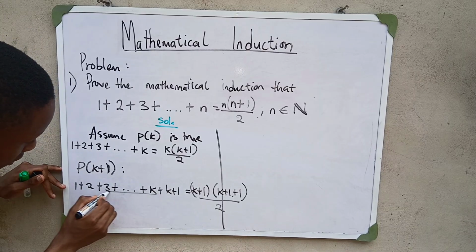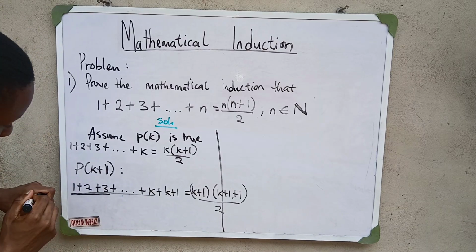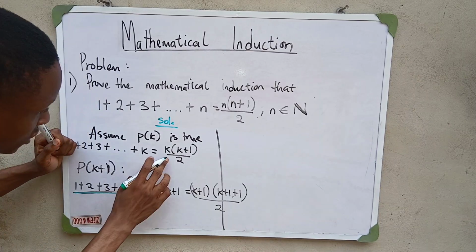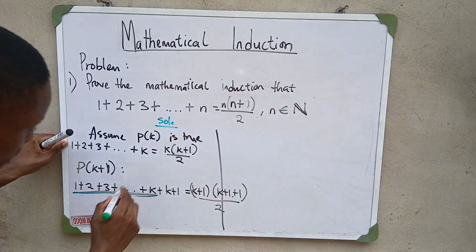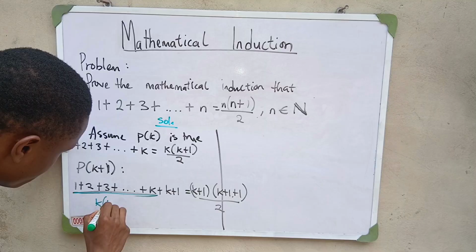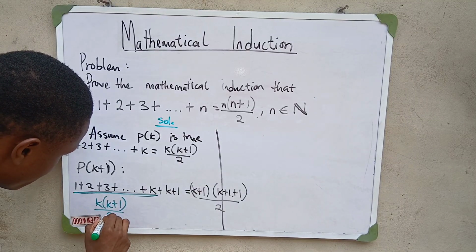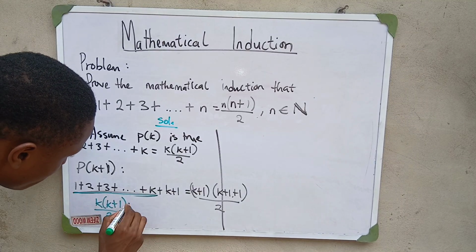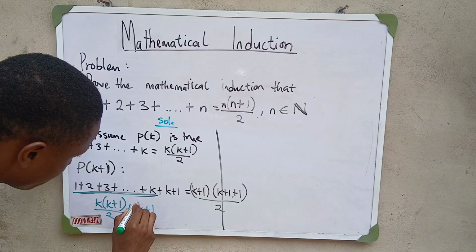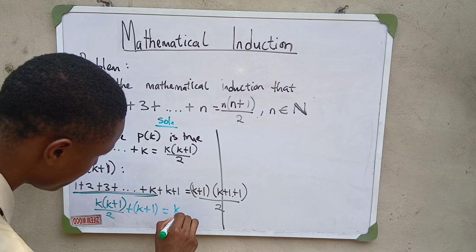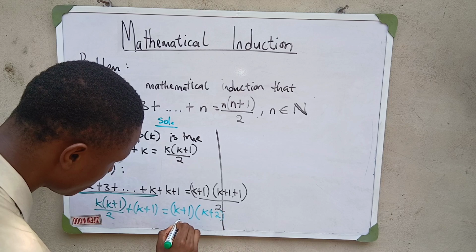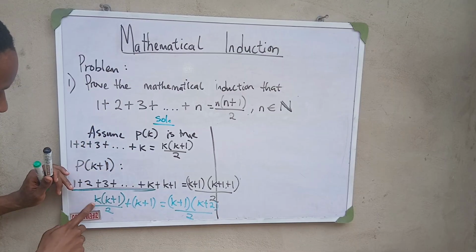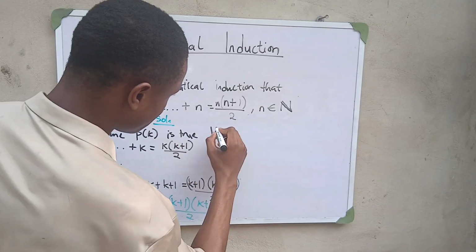So what we are just going to do is that this value, we are going to put it as k into k plus 1 all over 2. So we have k into k plus 1 all over 2 plus k plus 1 is equal to k plus 1 into k plus 2 all over 2. K times k plus 1 is what?